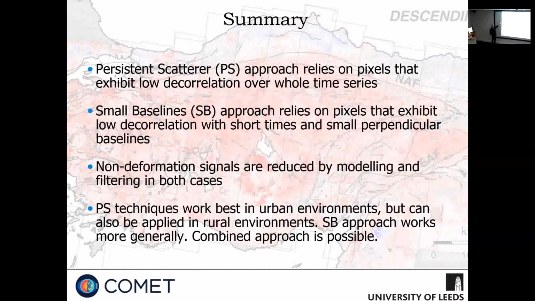I would say, in general practice, for computational reasons as much as anything, if you can get away with using a small baseline approach on multiple data, that's the approach. It's cheap computationally, and you will also get more points in general. If you're interested in higher resolution processing, or in processing over cities, you're likely to use PS.